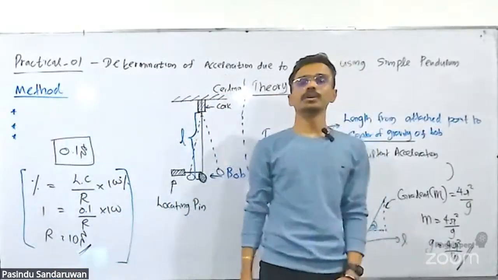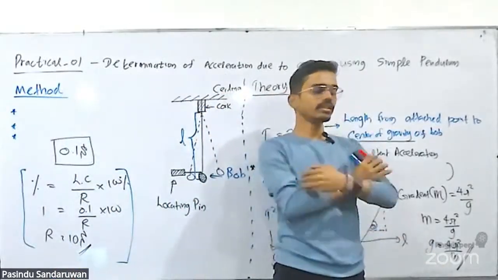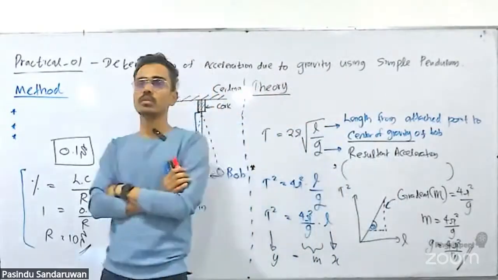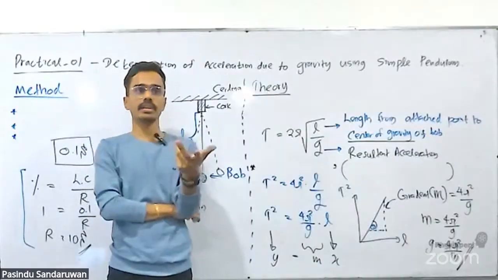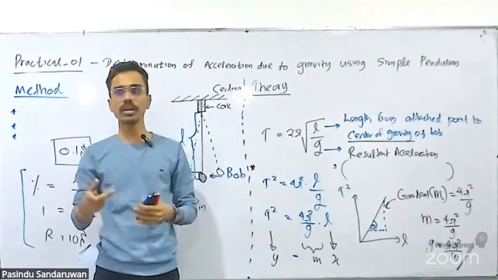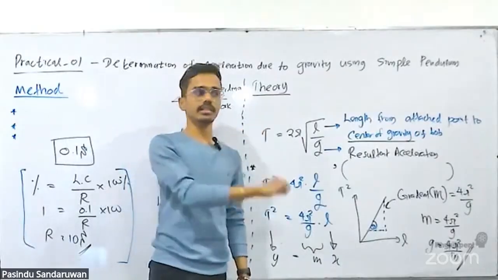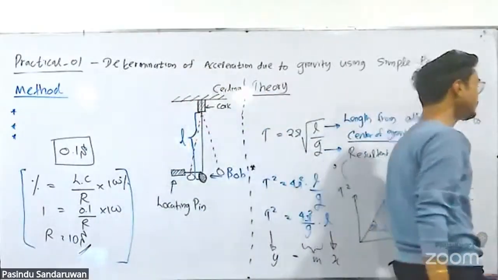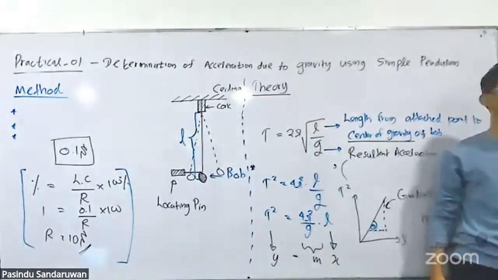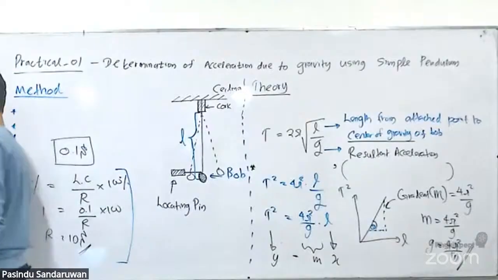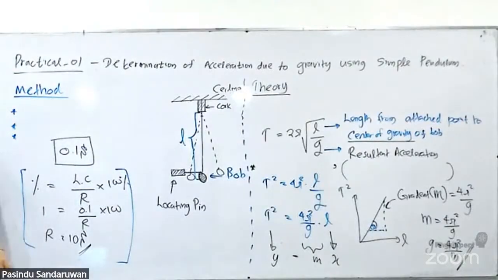Within brackets, write down: usually 2 time readings are taken and the average is considered.